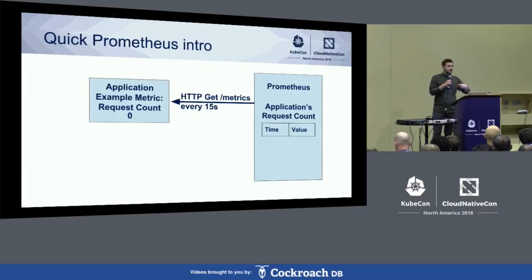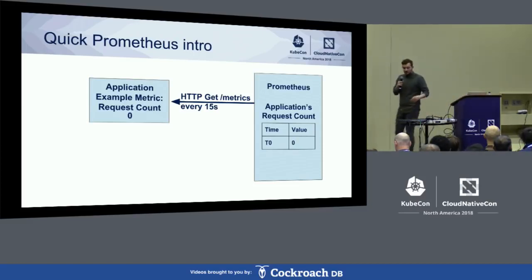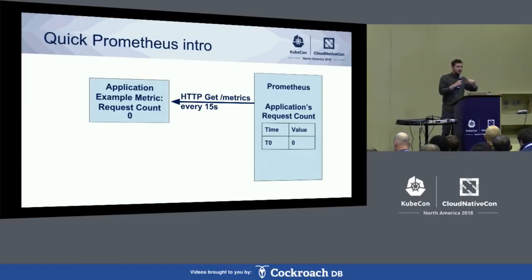And we instrument our application to increment, for example, our metrics whenever something happens. And Prometheus comes every 15 seconds, that's the default, but it's configurable. And whatever our application returns, we add the timestamp to it and write it into our internal time series database.